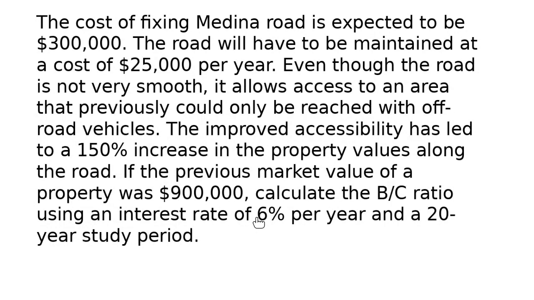So how will we calculate the benefit cost ratio here? What we need first, if we go to the formula, are the variables of benefit, which is B, and the variable of cost.